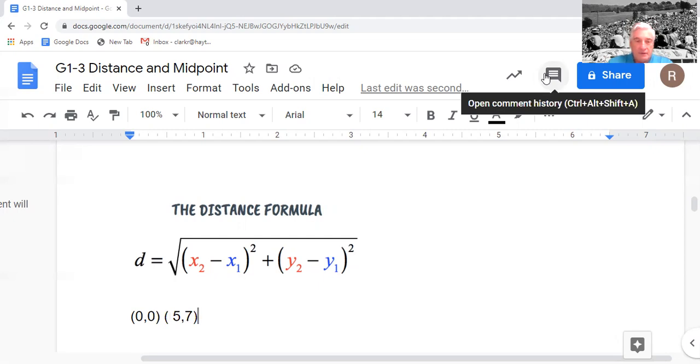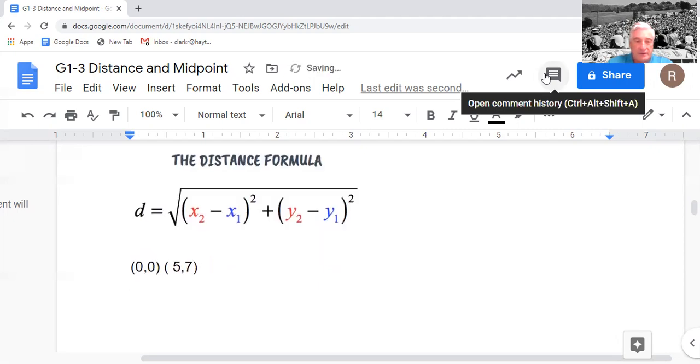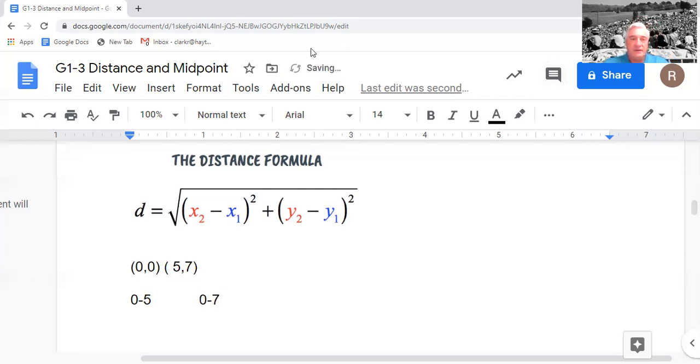Now, you take the x's and subtract them. 0 minus 5. Then you take the y's and subtract them. 0 minus 7. Then the formula up here says we're going to square them.